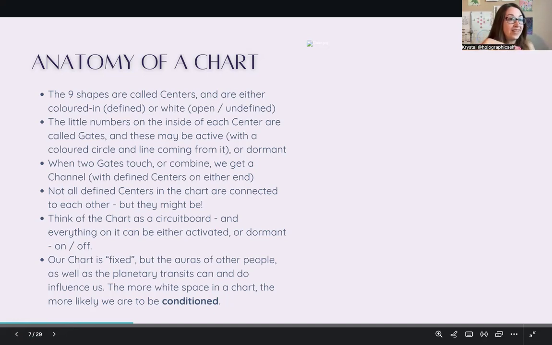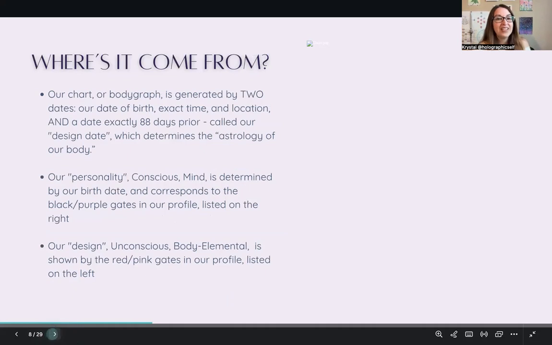And the more white your chart is, the more openness, the more likely you are to be impacted by your relationships and the planetary transits. If you have a lot of definition, a lot of channels, a lot of centers defined, you're a little bit more self-contained in who you are, but that doesn't mean you're not impacted. So that's just a general rule.